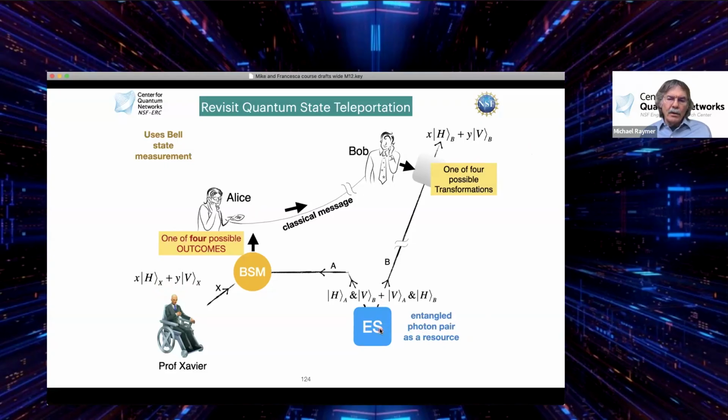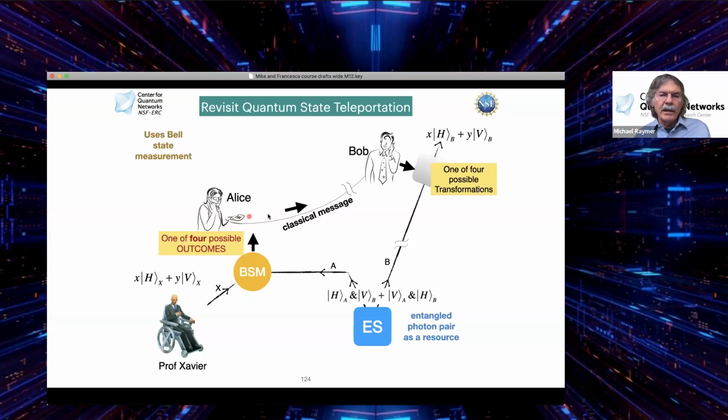Maybe there's this third station inside the network that is sending out these entangled photons, many of them. And Alice and Bob are going to use those entangled photons, A and B, to do their protocol, which is, as you saw, a joint measurement of some sort between the X photon and the A photon with a particular outcome, which tells Alice information about the combined state of X and A, but it doesn't tell Alice the state of A, and it does not tell Alice the state of X.